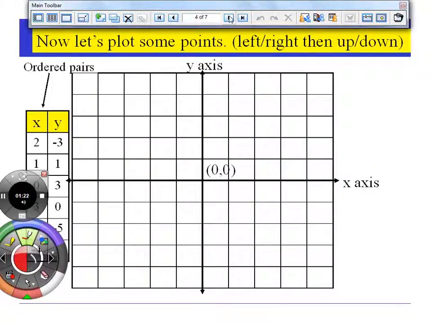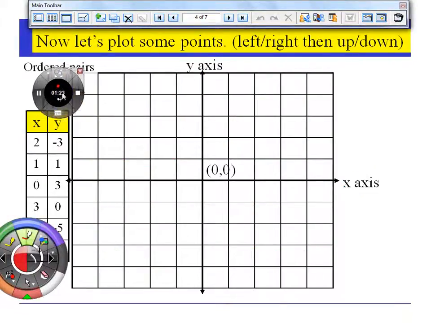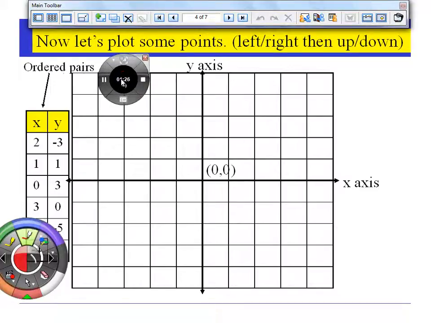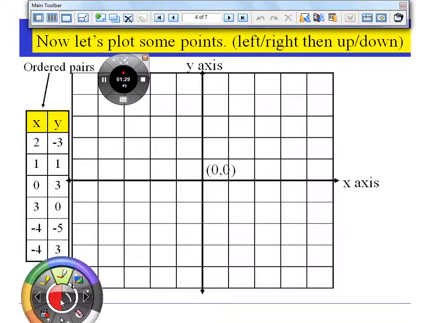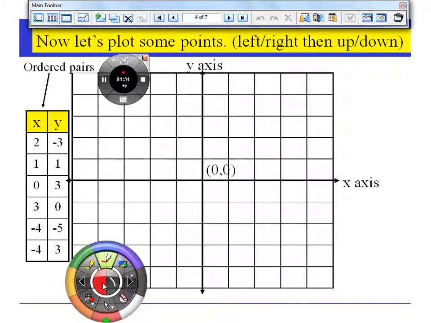So here's a graph, and I've got some points off to the left. We call them ordered pairs because the order actually matters. We always have to graph the x first and then the y. So I'm going to plot some points. I'm going to plot 2, comma, negative 3.